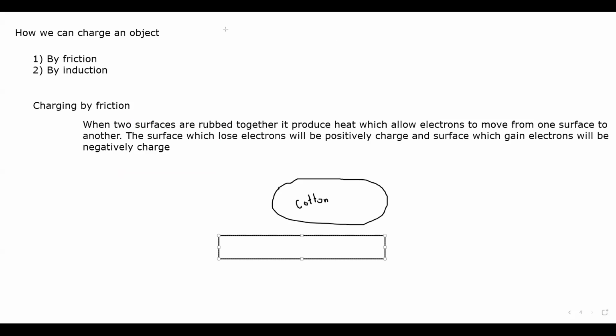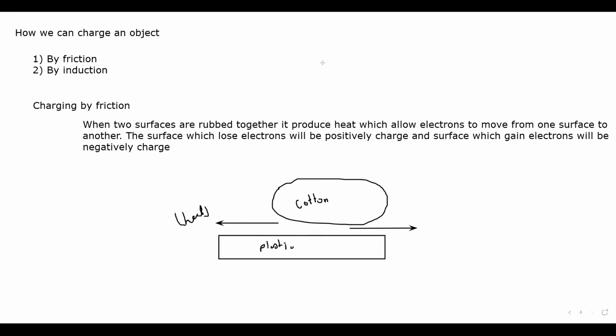But when two objects are of different nature, like cotton and plastic, you rub them together, to and fro. When you rub them together, it produces heat because there's friction between the two surfaces, and that heat energy is absorbed by the atoms.